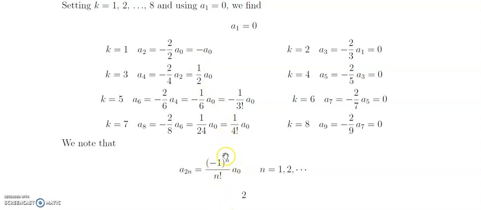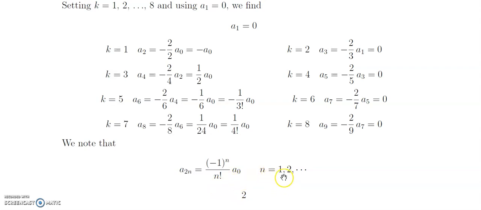So that accounts for this minus 1 to the power n here. Over n factorial, notice here we have 2, which is half of 4, 3, which is half of 6, 4, which is half of 8. So over n factorial times a0.